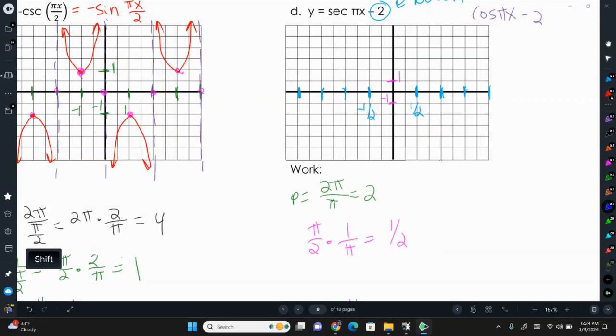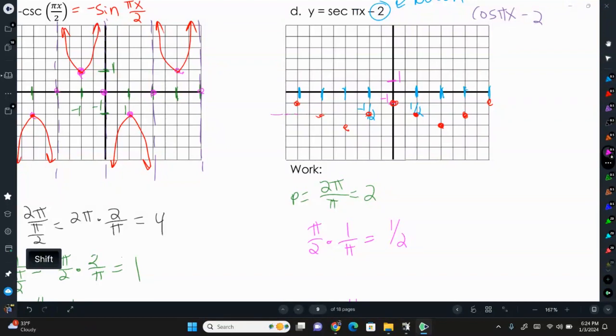So we have our values at 0, -1. Then we go down to the midline. Then we go below the midline, the negative amplitude, down and then up. And then we follow the same pattern on this side. And again, our midline is right here.